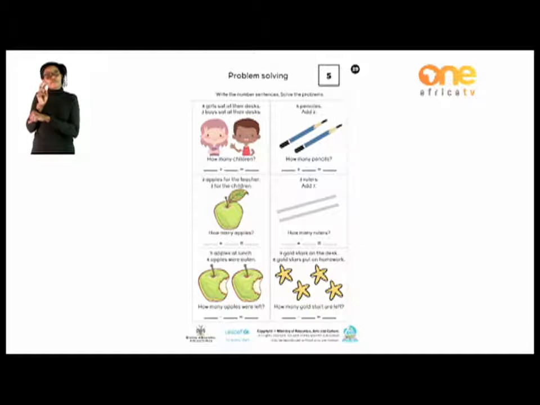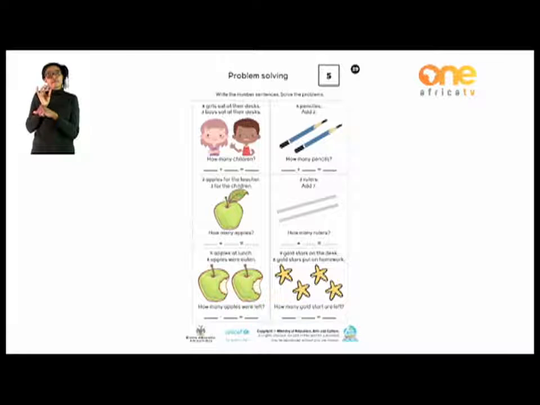After the plus sign, we added 2 pencils. So what is the number that you must write on that line? Number 2. So 6 plus 2 is equals to 8. So my answer will be 8.